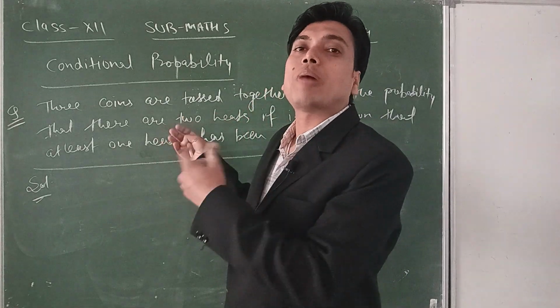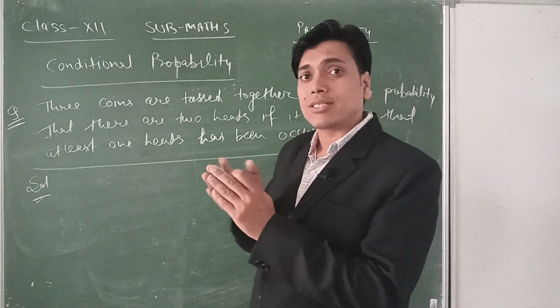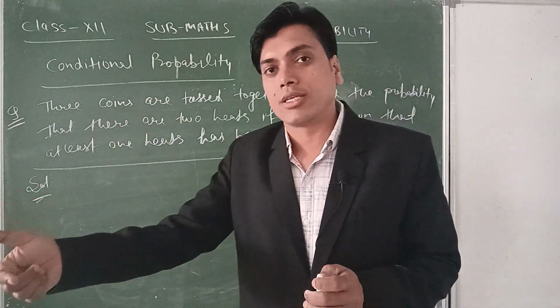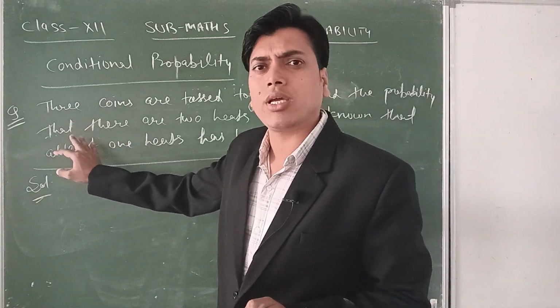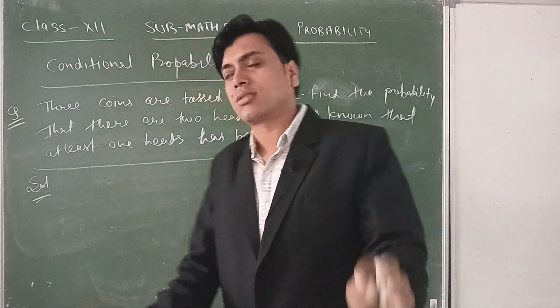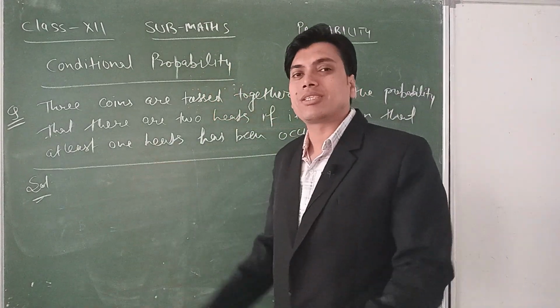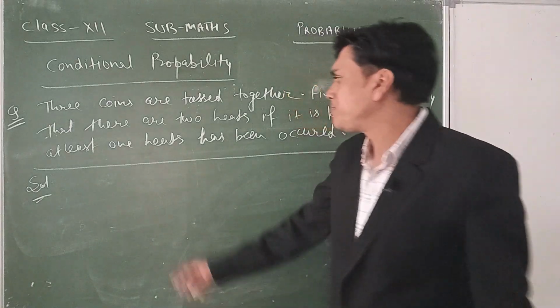So the coins are not biased, they are unbiased. If a coin is biased, it will be given that a biased coin is tossed, but if it is not given, then it is understood that it is an unbiased coin. And we are selecting anything at random or simultaneously. These are the basic points that we generally use in probability.